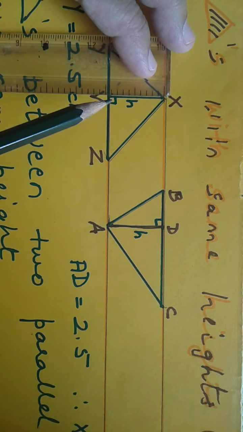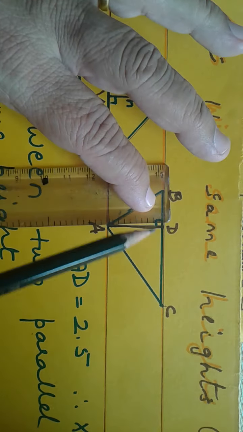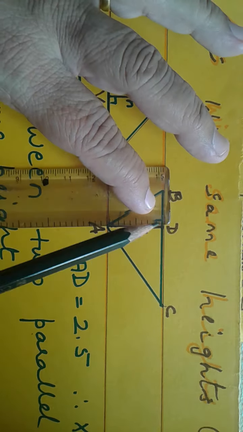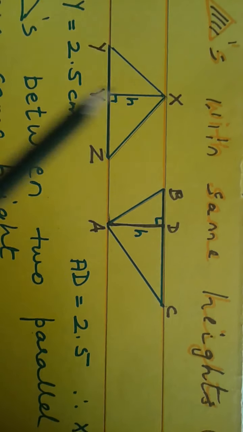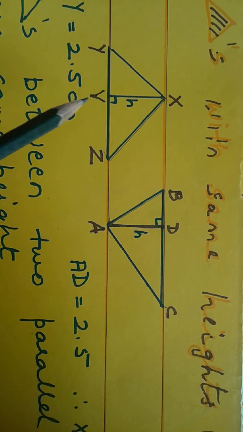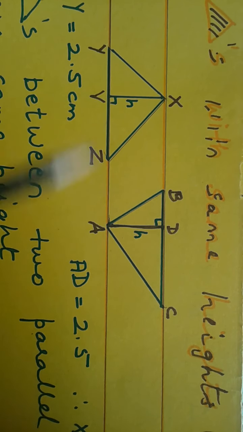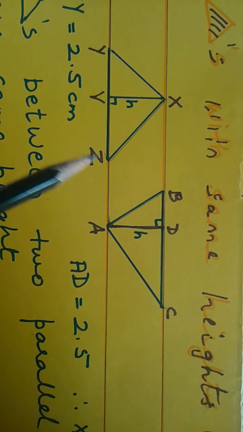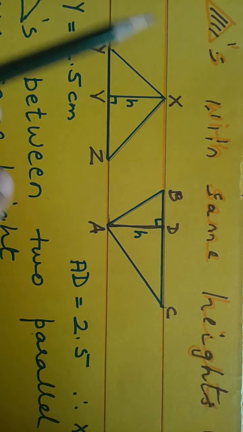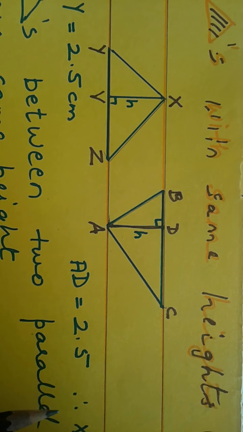If XY is perpendicular here, then AD is also perpendicular to the parallel line. The lines are parallel when they have common perpendiculars. The distance between the parallel lines throughout remains the same.